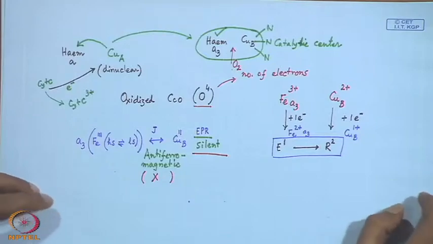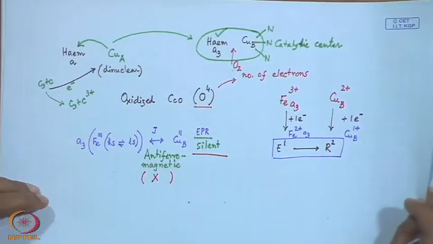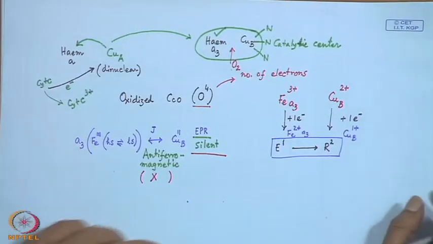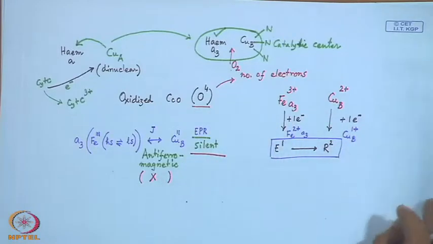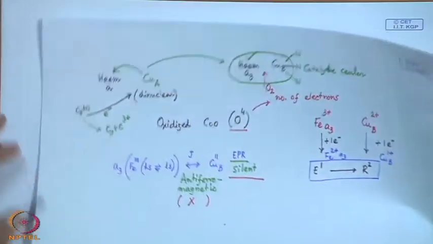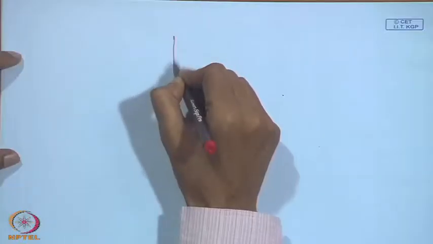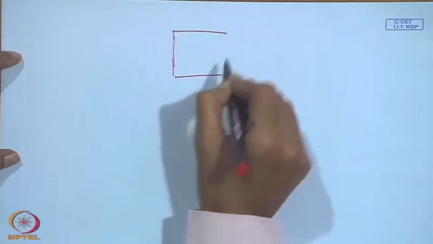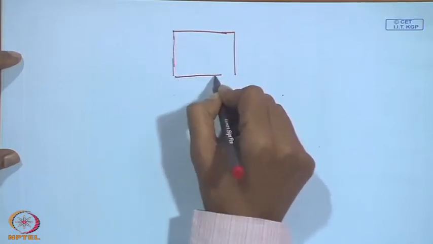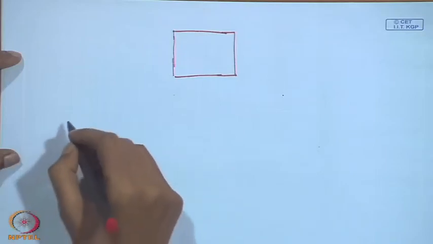So, when these particular sites go from one to another, starting from our O4, E1 and R2, we will find what other species there are, because we are not talking about all the 4 electrons. So, you can have several sites for this catalytic endeavor.